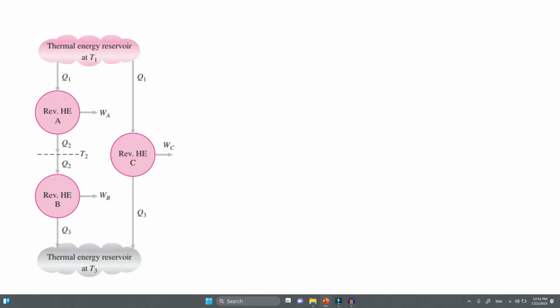Now, we have already seen that Q1 by Q2 is a function of T1 and T2, because that is what the second Carnot principle implies.